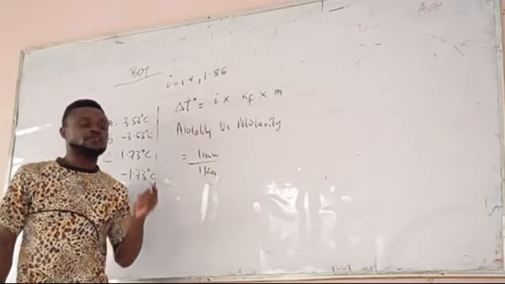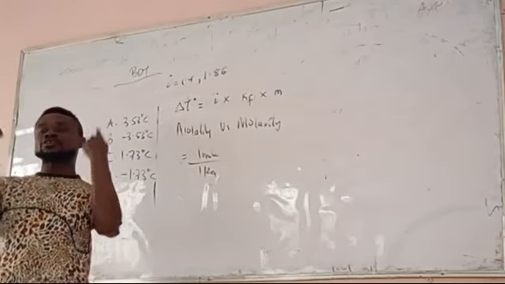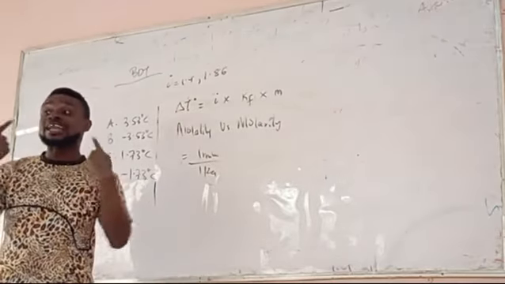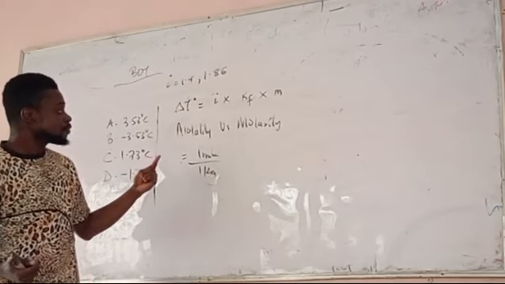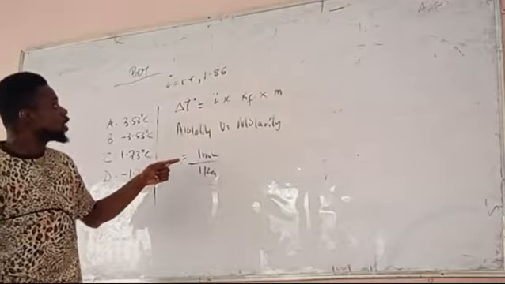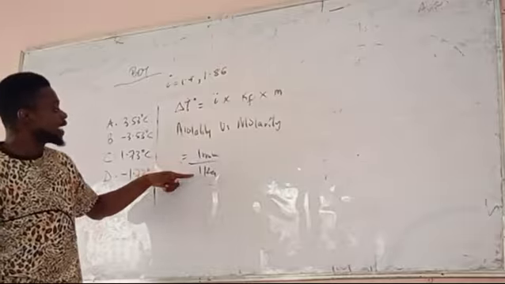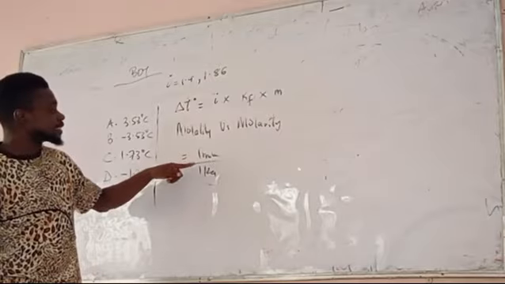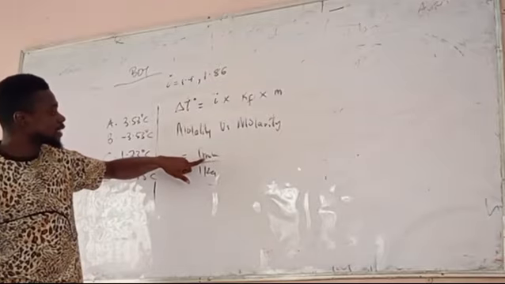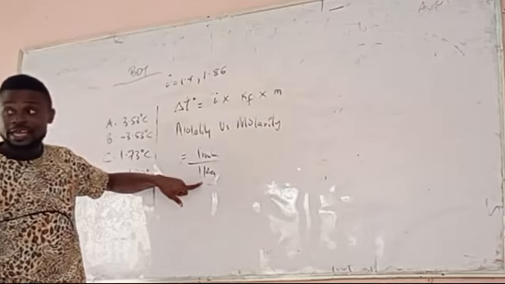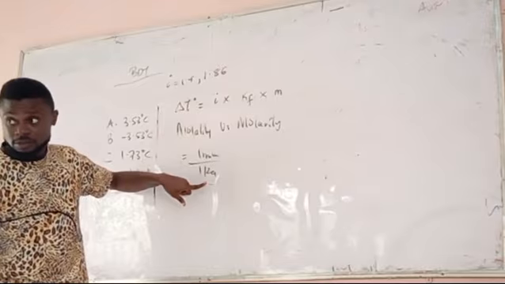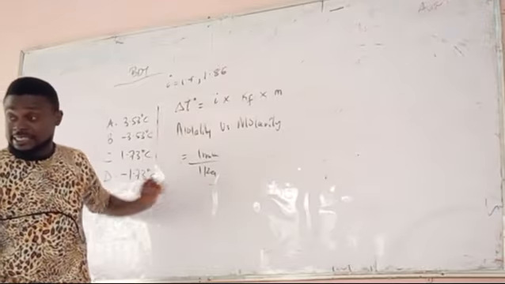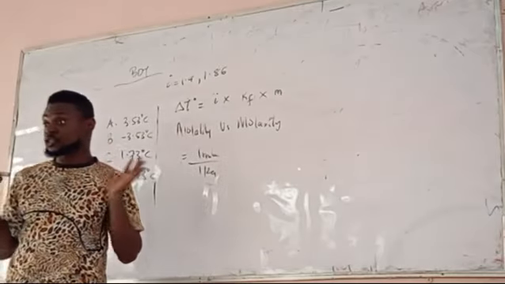So from the question, a molal solution of sodium chloride is 1 mole of sodium chloride in 1 kilogram of the what? Of water. That's the meaning of a molal solution. Is that clear?